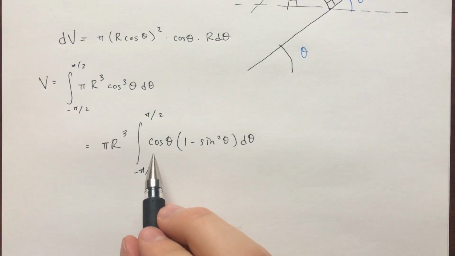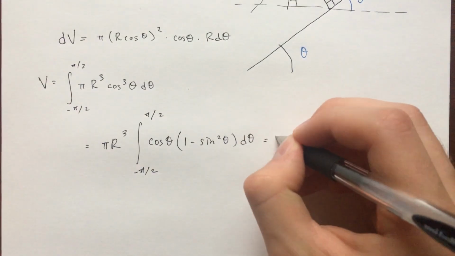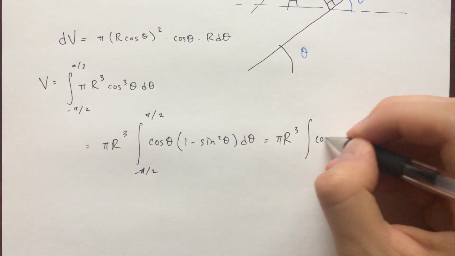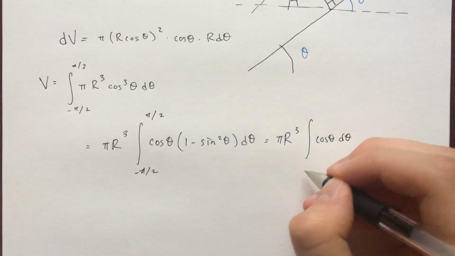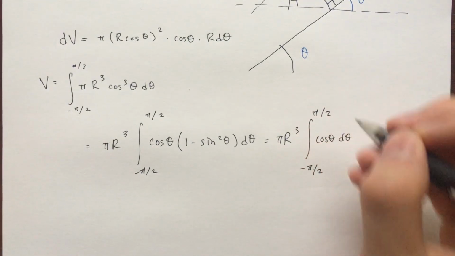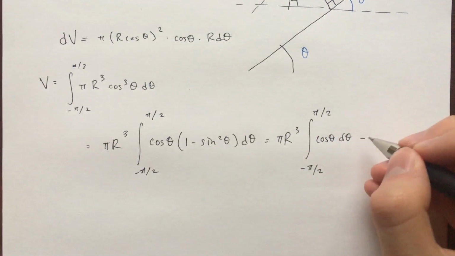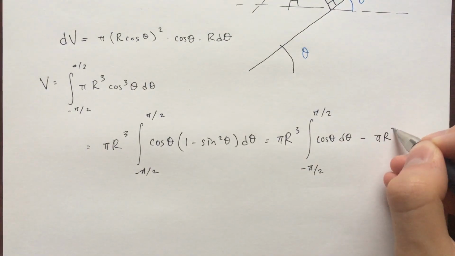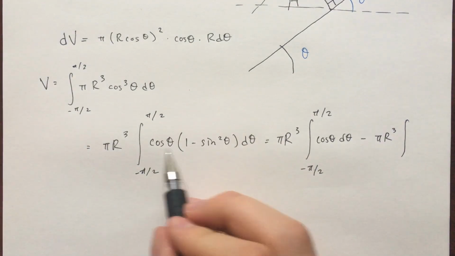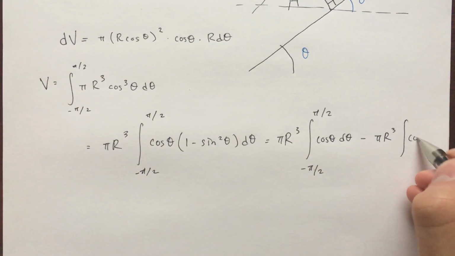Now we can distribute this, and we'll get pi r cubed times the integral of cosine theta d theta, and then we have minus pi r cubed times the integral of cosine theta sine squared theta.